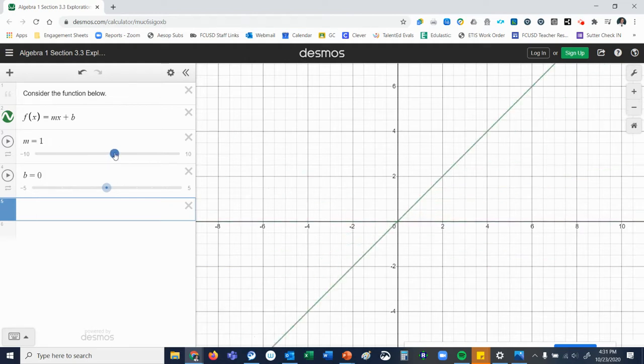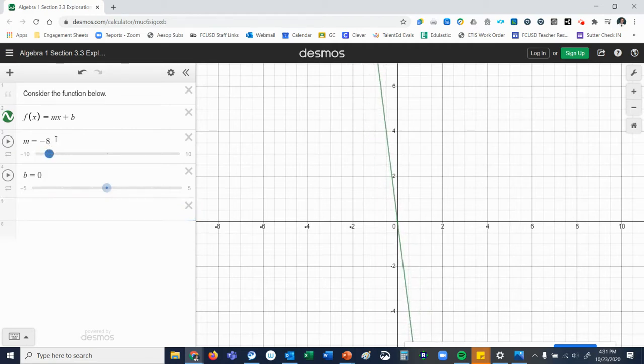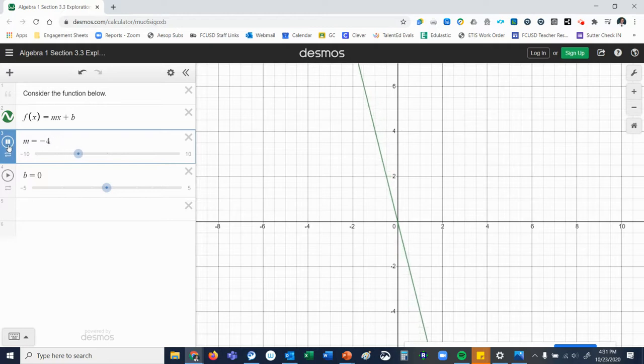And then as it goes up, it increases. If I go backwards again, I can see it going less steep and less steep. And as it gets towards -10, it gets more and more steep. Interesting. So whatever m is seems to be affecting the steepness.